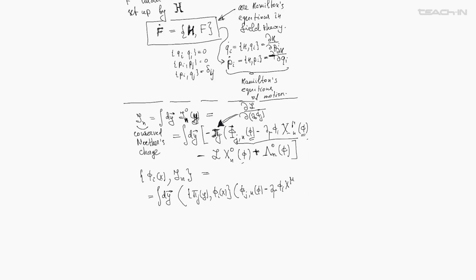Then I need not do anything with p_j on y. And I need to find the Poisson bracket, to take the Poisson bracket of this phi with this term here, right? But you see here, the non-trivial contribution comes only from this term here, and in particular, from the case when this index mu takes the value 0.